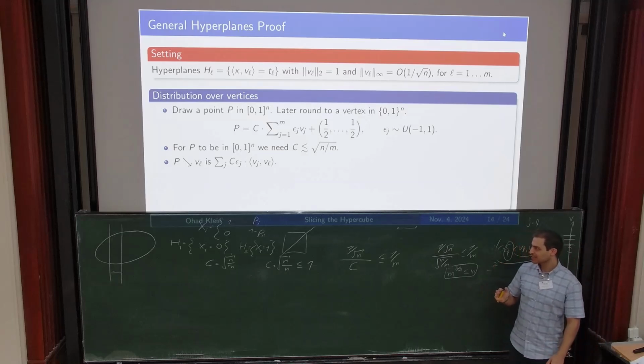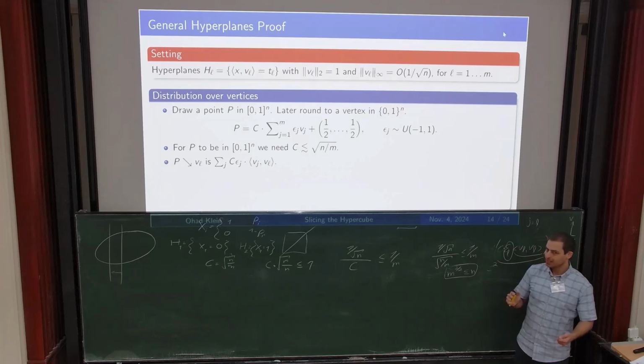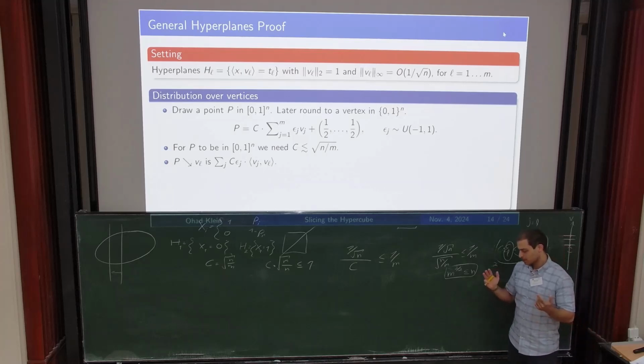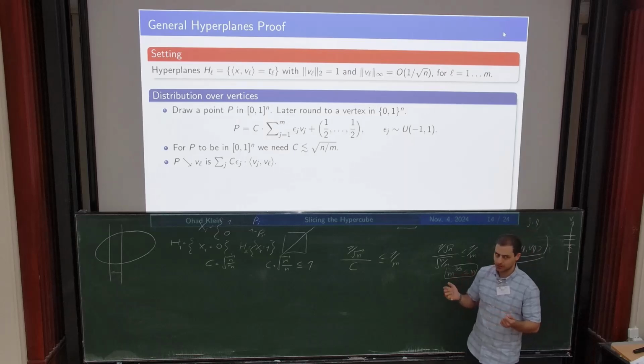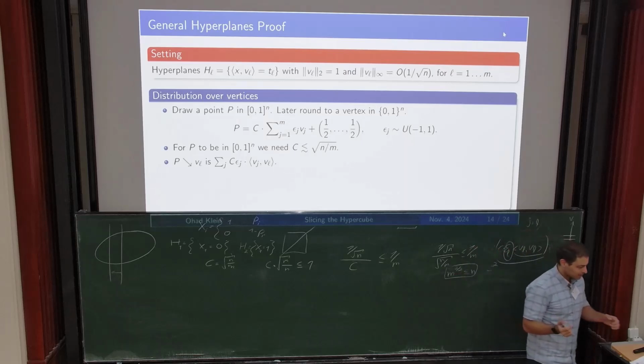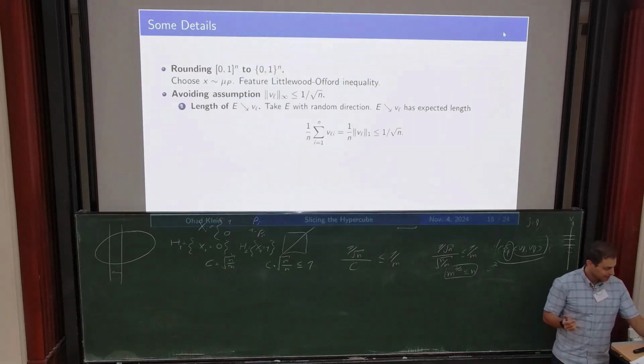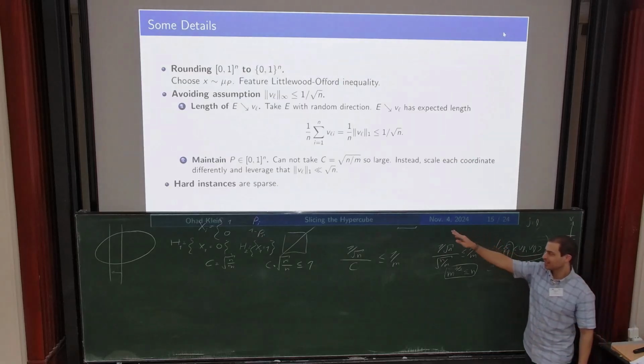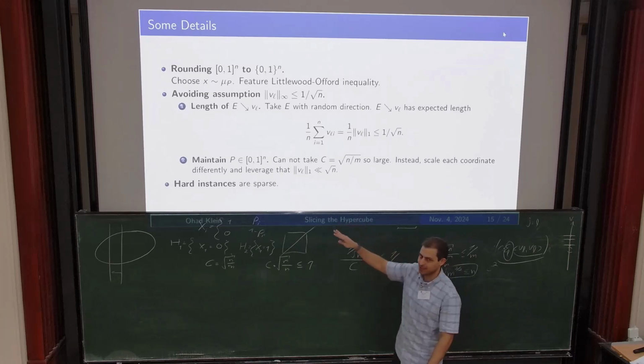Generally this is very lossy, and it is not lossy only for sparse vectors V. So let us keep in mind that this proof was tight only for sparse vectors.